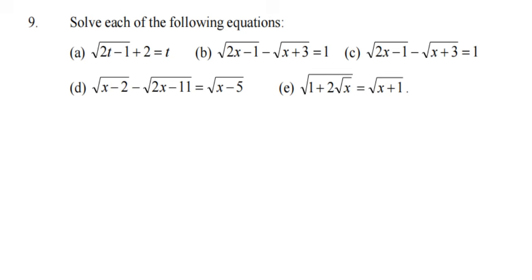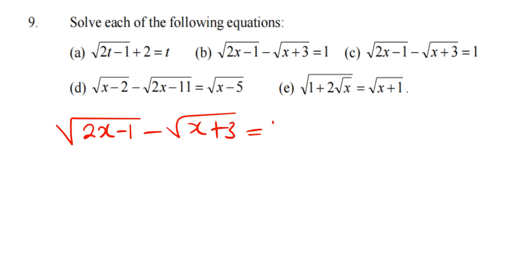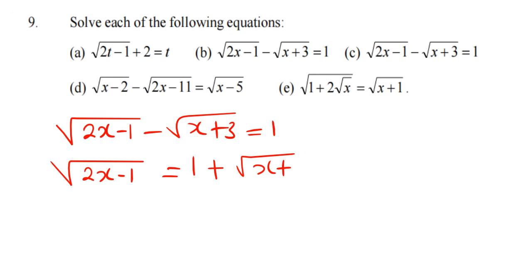So for b, we've got the square root of 2x minus 1, minus the square root of x plus 3, is equal to a 1. Of course, you're supposed to isolate the square root, but like I said, I prefer you take the 1 to the other side. So I'm going to have the square root of 2x minus 1 is equal to 1 plus the square root of x plus 3.